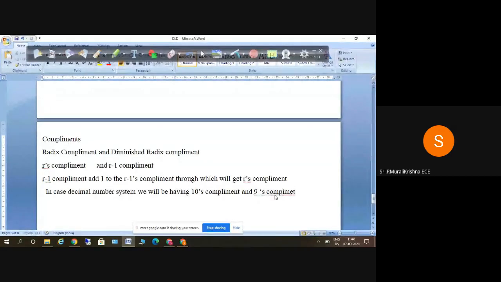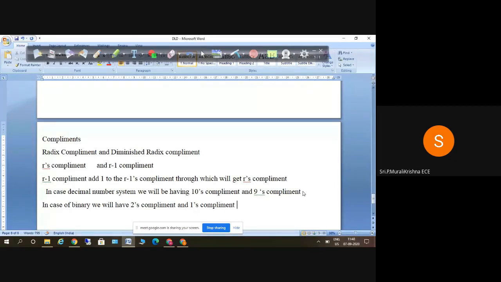In the binary number system, we'll have 2's complement and 1's complement.